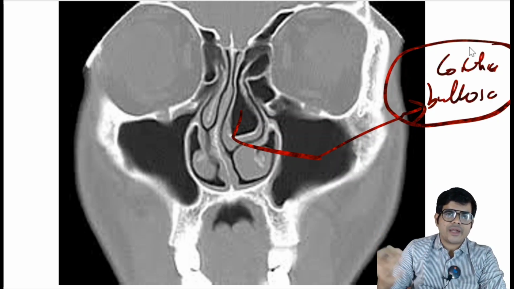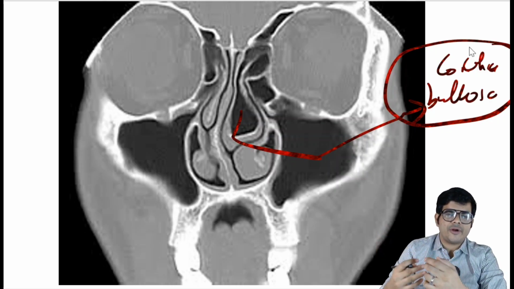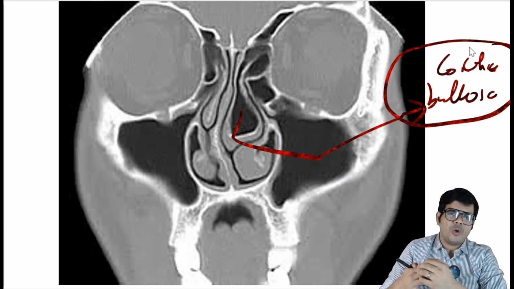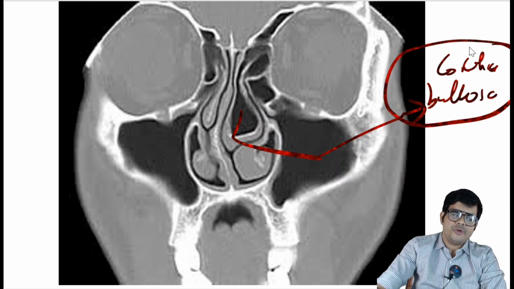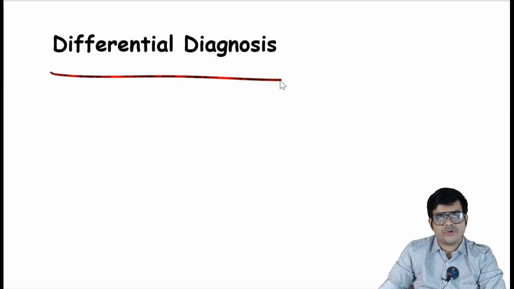Even general practitioners refer cases to you saying there is a polyp in the nose, but it could be an inferior turbinate hypertrophy. I already told you the difference between inferior turbinate hypertrophy and middle turbinate hypertrophy, right? Inferior turbinate hypertrophy also may be suspected for a case of nasal polyposis. So these are the various differential diagnoses that you have to consider.